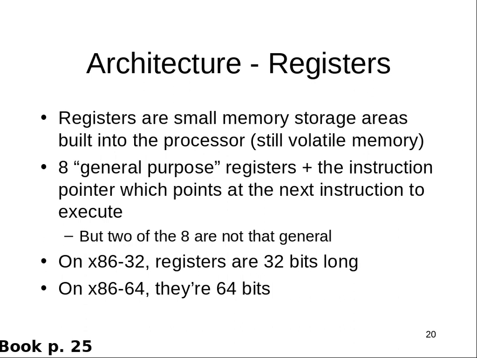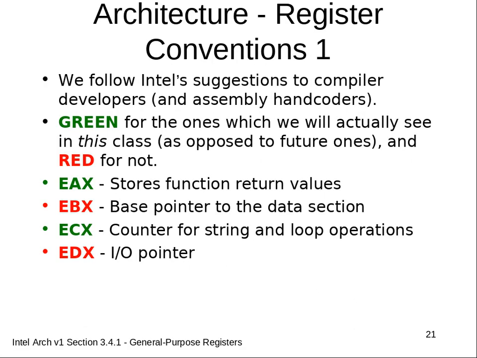On x86 32-bit, which we're focusing on, they are 32 bits long. On 64-bit, they are 64 bits long. Each register is just a collection of flip-flops. How many depends on your bitness.